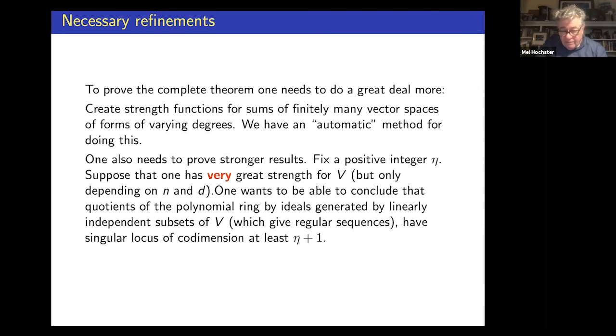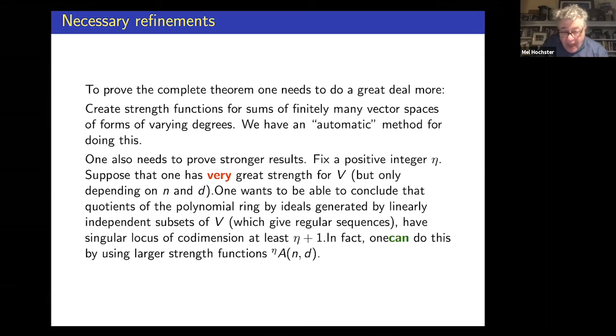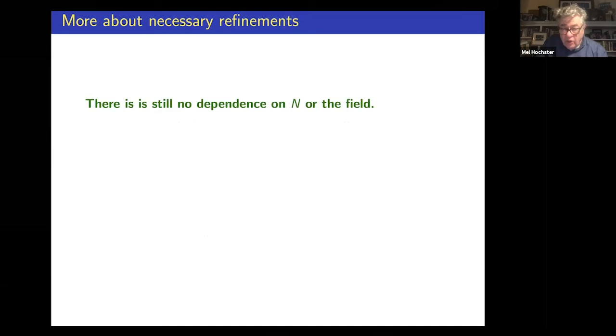So this is a bit technical. But you can do it using larger strength functions. So we stick an eta in when we're worrying about this codimension. And there's still no dependence on n or the field for these refined high-tech strength functions where we've put an eta in.